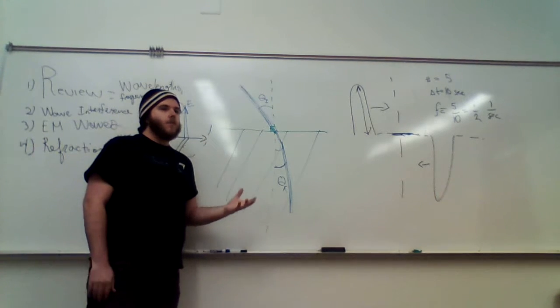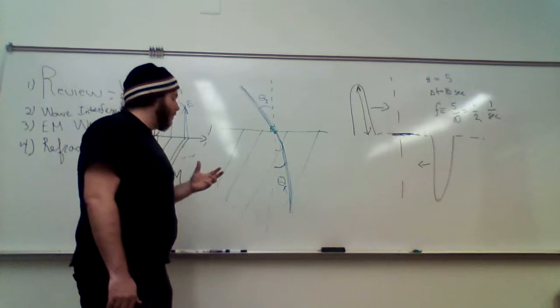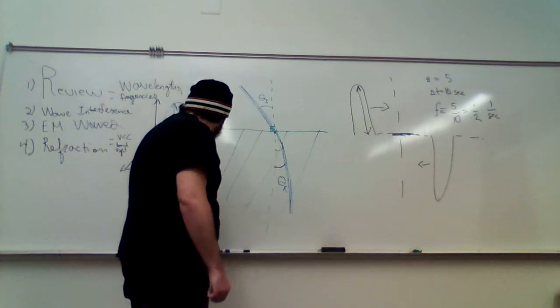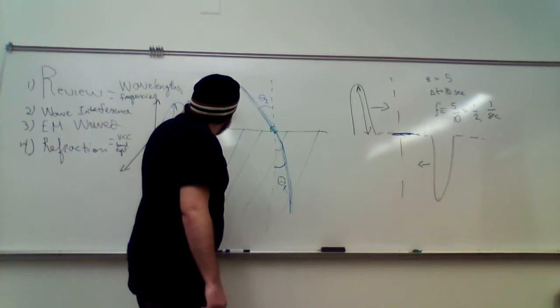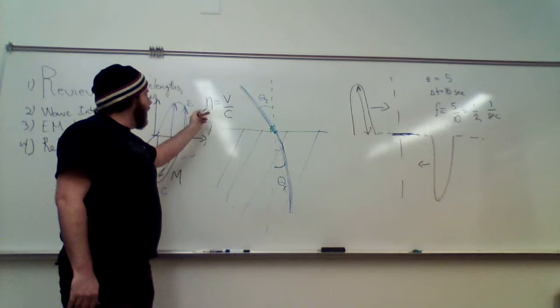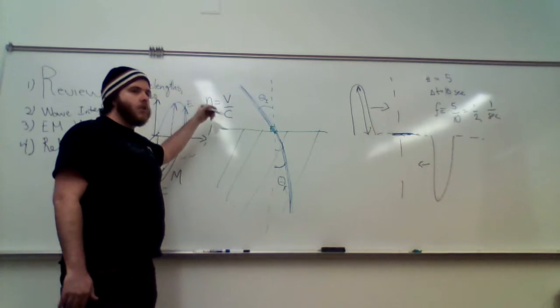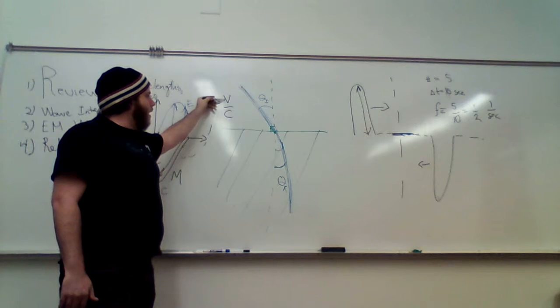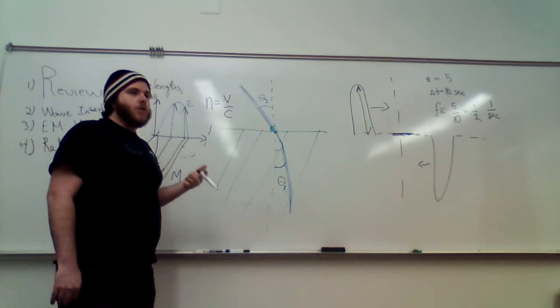Let's define something that allows us to understand how much slower it is. So we define n, which we call the index of refraction, to be how much it's slowed down: the speed that it travels in the medium divided by its maximum speed, which is the speed in vacuum.